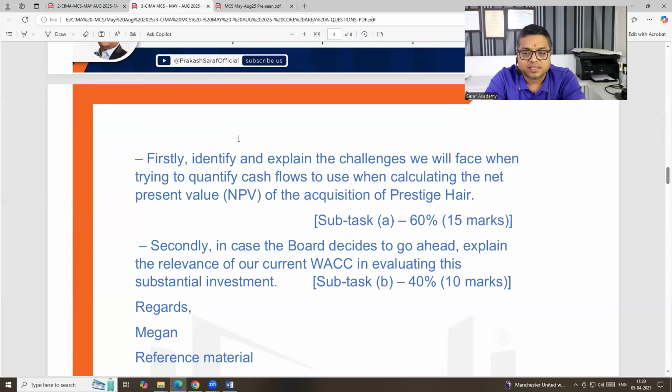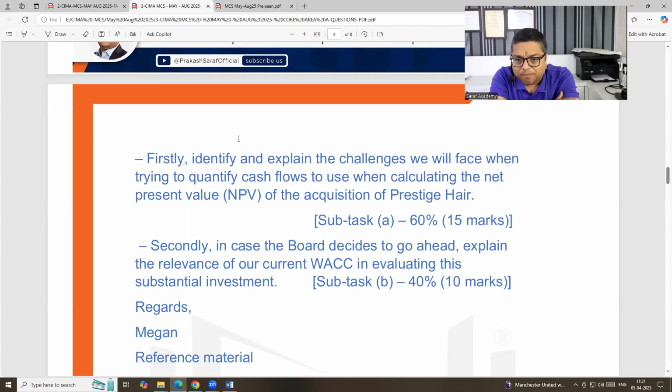Some organization, Prestige here, we are going to acquire. To acquire that organization, we are estimating the cash flows: what we need to pay, what we will get, how many years we will get. Those cash flows we need to forecast.